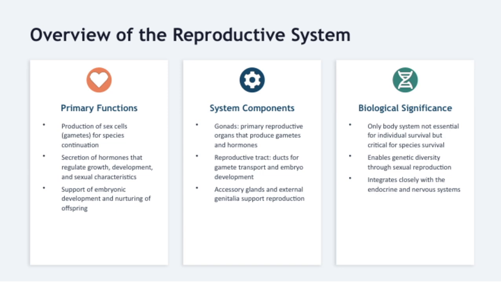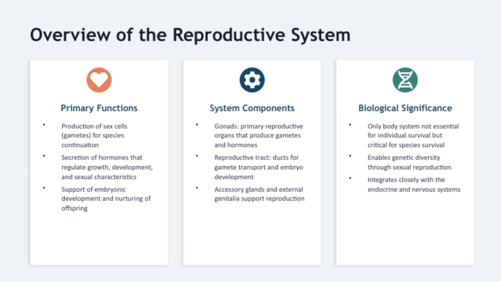The main components of this system include the production of sex cells, or gametes, which are essential for species continuation. It also involves the secretion of hormones that influence growth, development, and the development of sexual characteristics. Moreover, it supports embryonic development and nurtures offspring after conception.